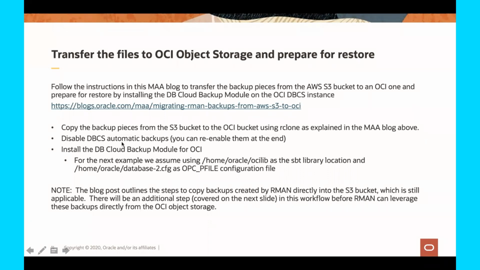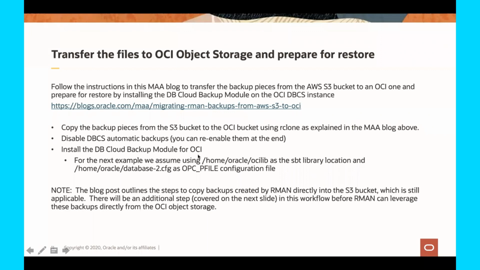Remember to disable the automatic backups if you have them enabled on the DBCS instance you created. For the time being, we can re-enable them at the end. And then we will install the database backup cloud module for OCI. Again, you can find how to do that with the instructions in this blog post or the official documentation.